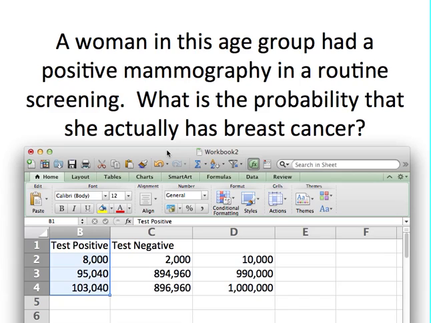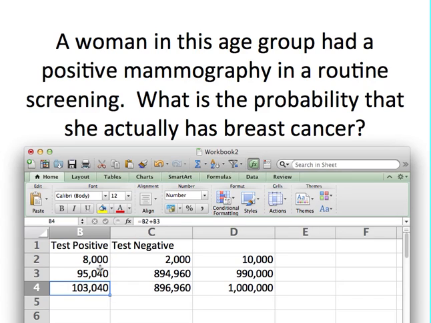Basically, about 85% of doctors are way off when they're given this same problem. They're way off in their assumption about how likely it is that someone who gets a positive test result actually has cancer.